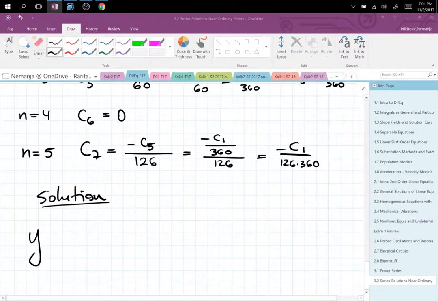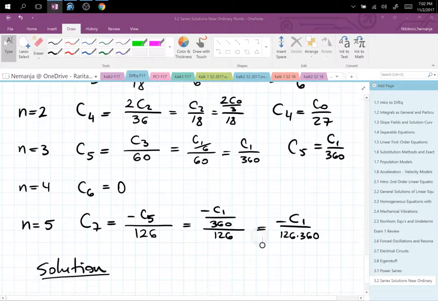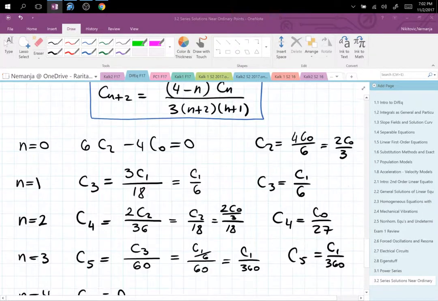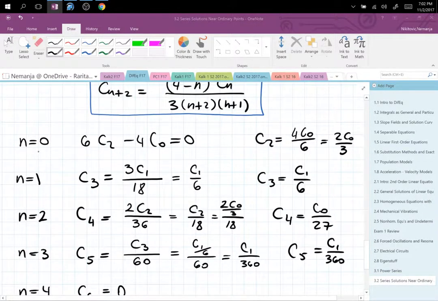Solution is y equals, and now we have all of these c0 terms, right? So we are going to get a power series now. First term is n to the 0, and we have a c0 there.